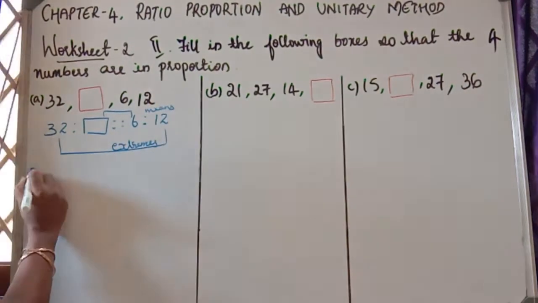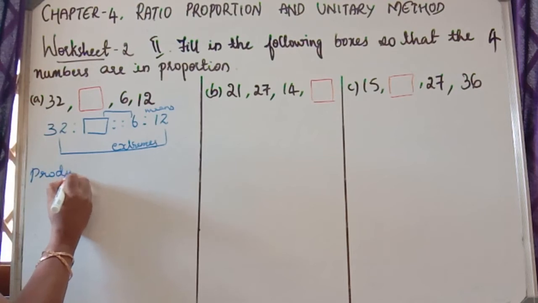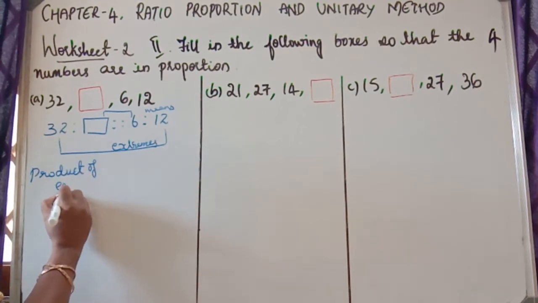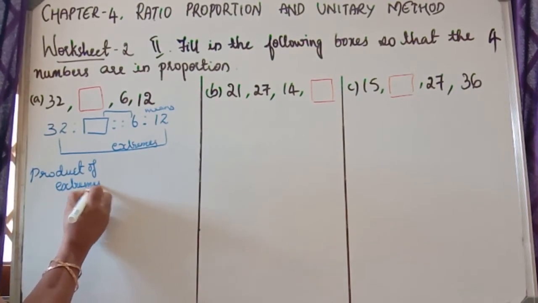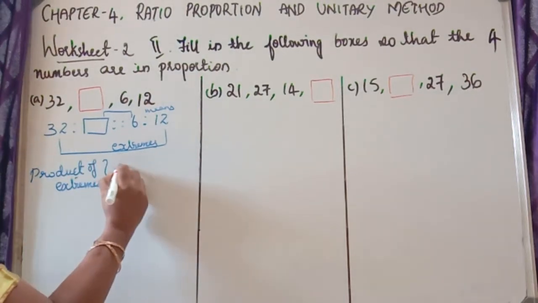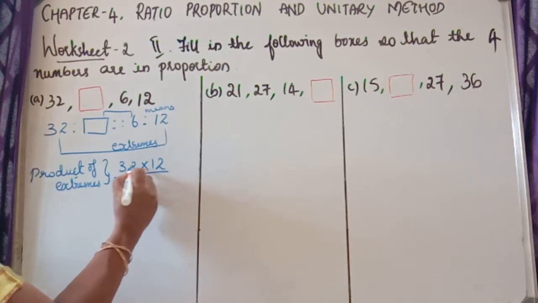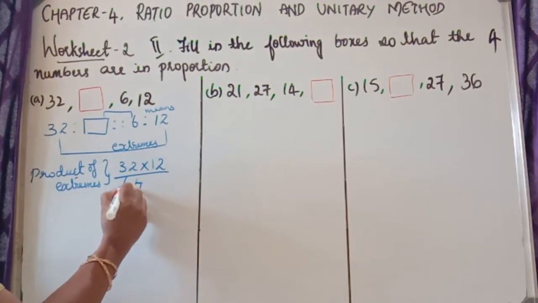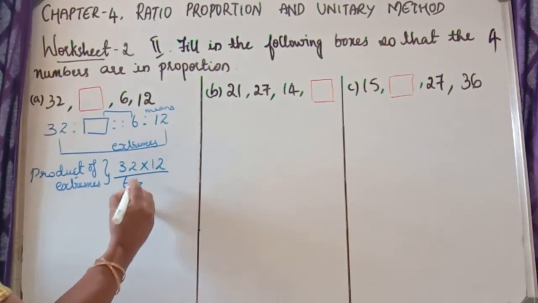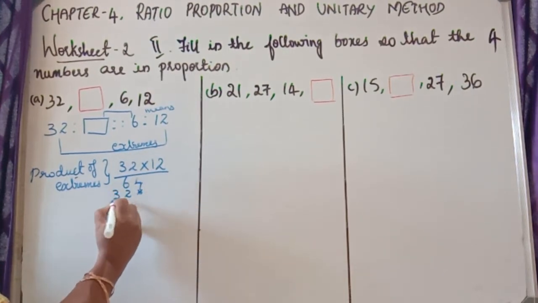Now product of extremes, we got both the terms, so we multiply that. 32 into 12, 2 2s are 4, 3 2s are 6. Here 1 2 is 2, 1 3 is 3.